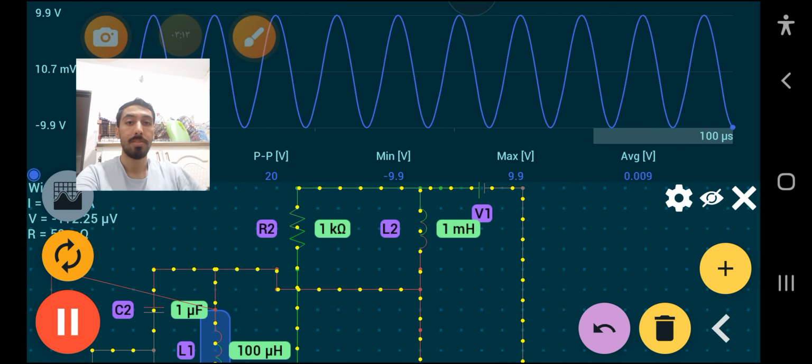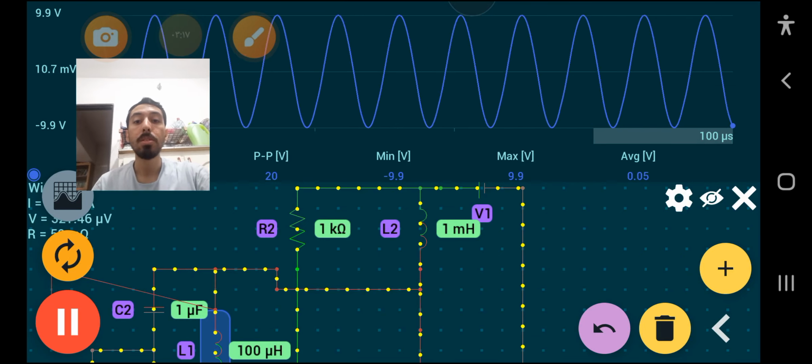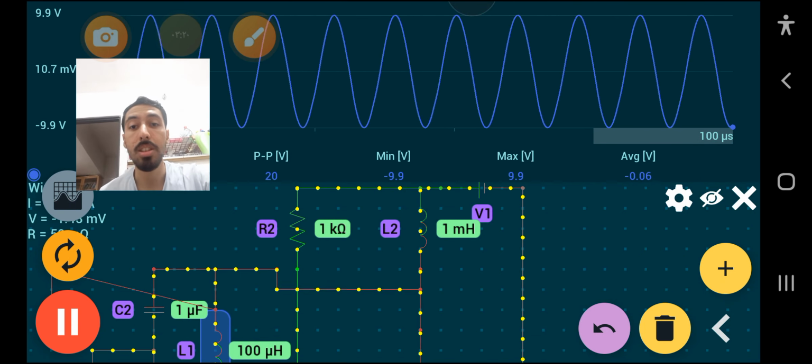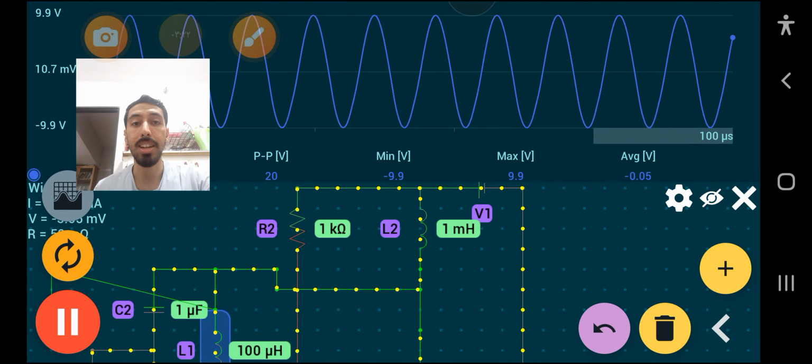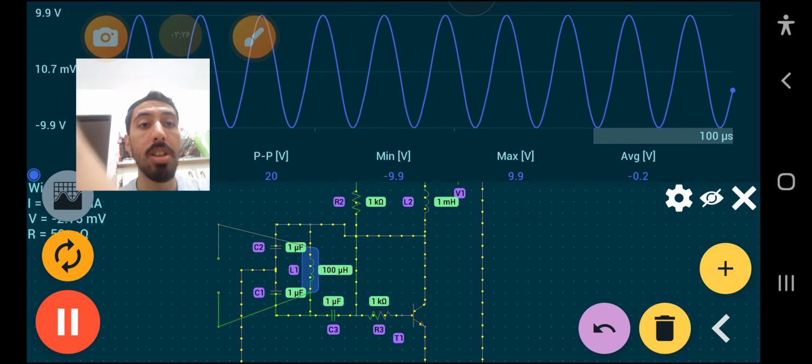At last, I will be with you with the step-by-step creation of this circuit in reality. This isn't a hard circuit.